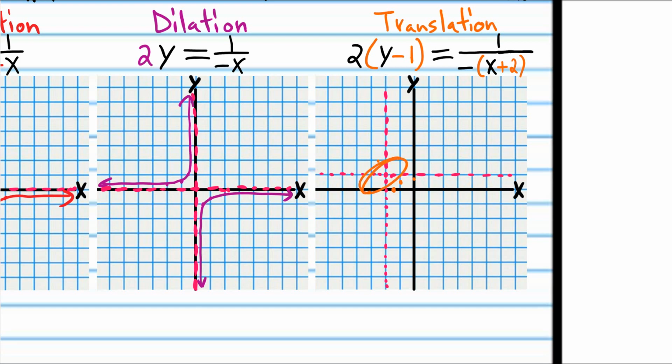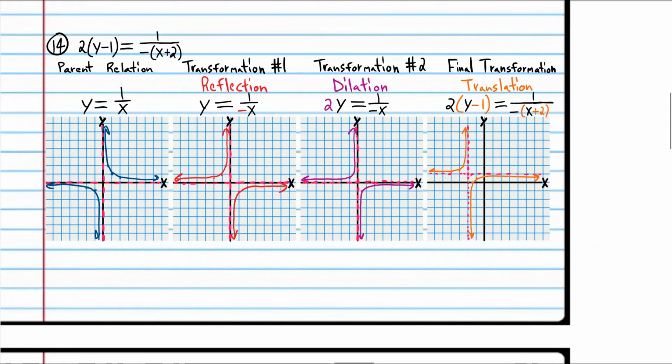Again, we're pretending that the intersection of the asymptotes is the origin. This point is negative 1, 1/2. And this point is negative 2, 1/4. So we'll just connect the dots. And there you go. So if you got that graph, good job.